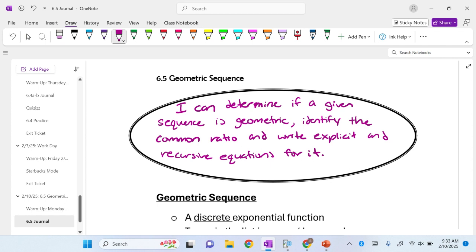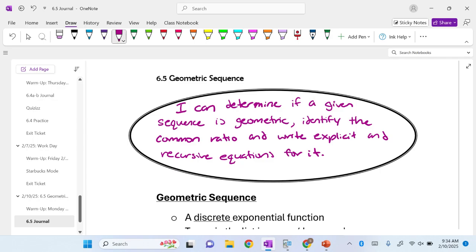Some of those words may seem familiar. The words that should be familiar are common ratio, because we already talked about that within this unit. When I say common ratio, what do I typically refer to in terms of an exponential function? Think about exponential functions, in the form y equals a times b to the x power.